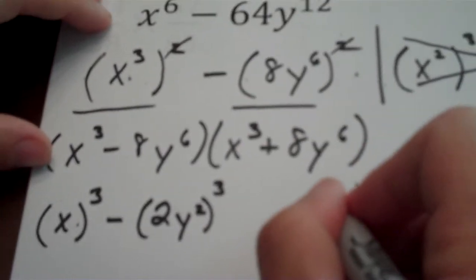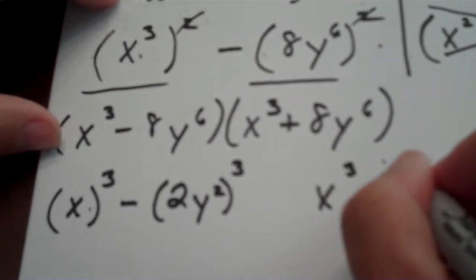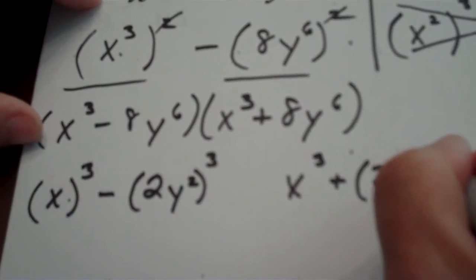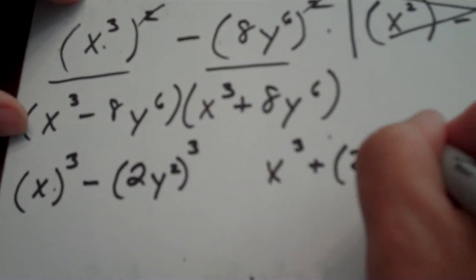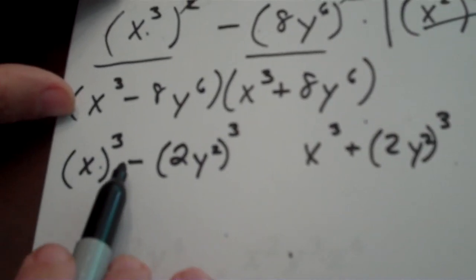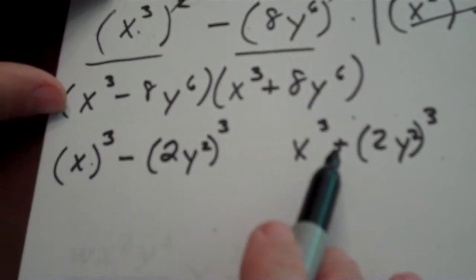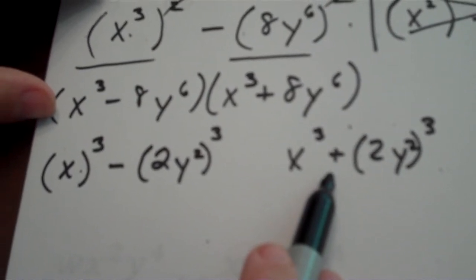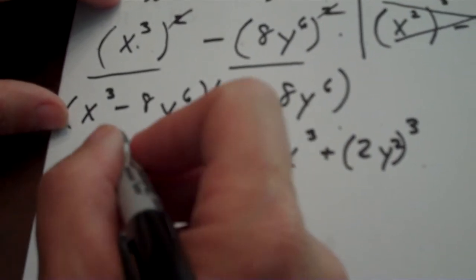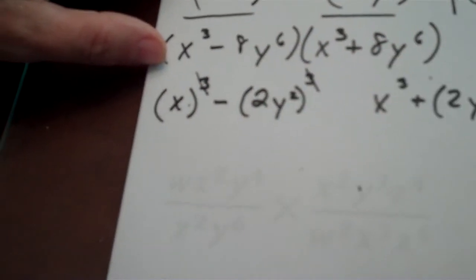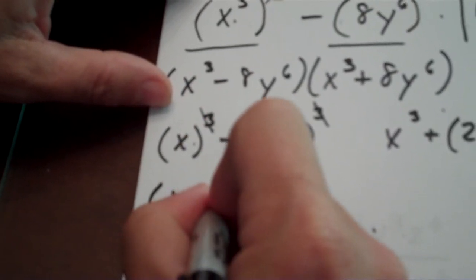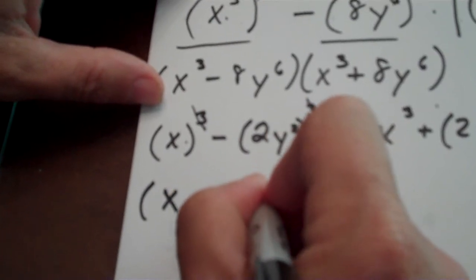Similarly, this will be x cubed plus 2y squared to the third. I can factor both the difference of cubes and the sum of cubes. Well, it's pretty similar what those answers will look like, but let's go ahead and start. The first parenthesis, again, I just take off the cubes. So my first parenthesis is simply an x minus 2y squared.